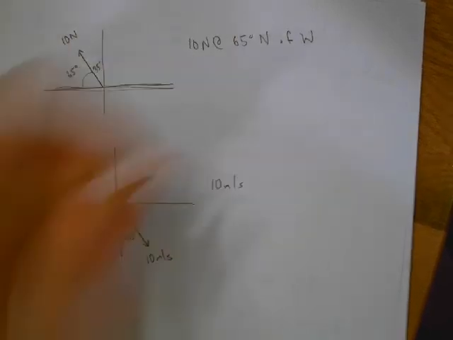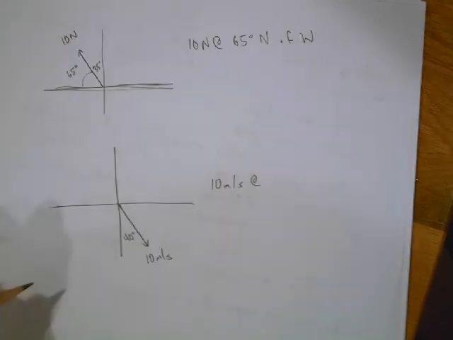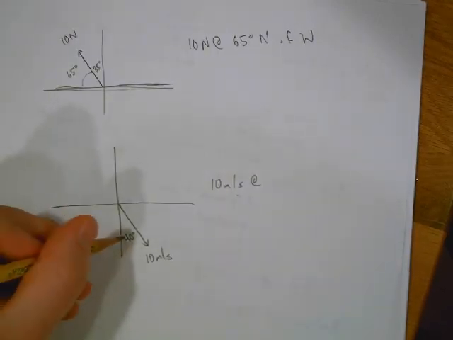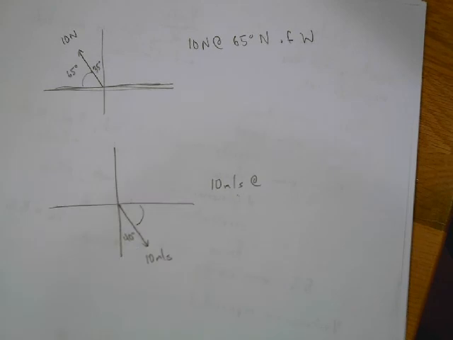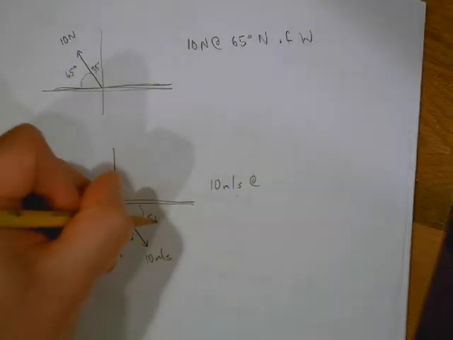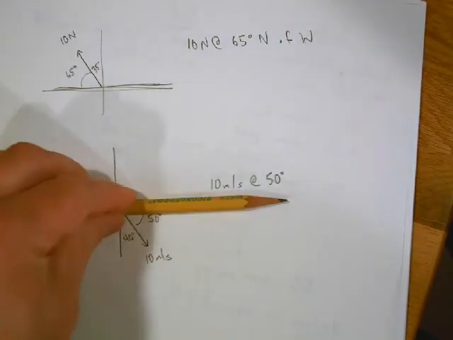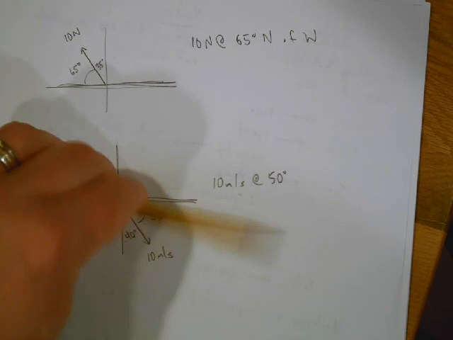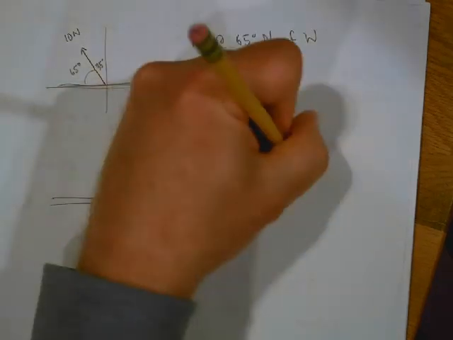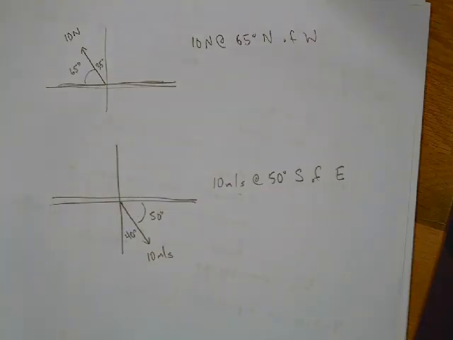So this velocity vector, if this is 40 degrees, would be 10 meters per second, magnitude and units, at, I want my angle to be less than 90, so 40 is less than 90, but I want my angle to touch the horizontal, so there's my horizontal, so I want this angle, so that would be 50 degrees. So look, I am starting at east, and I'm going 50 degrees south of there, so then it would be south of east. All right, that should be good.